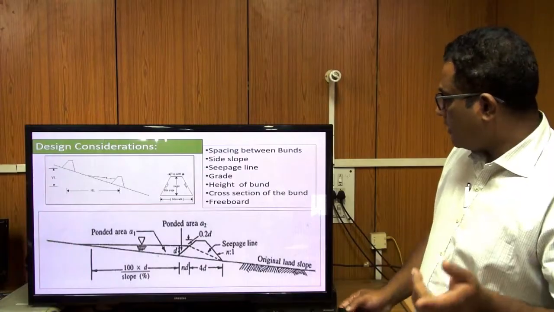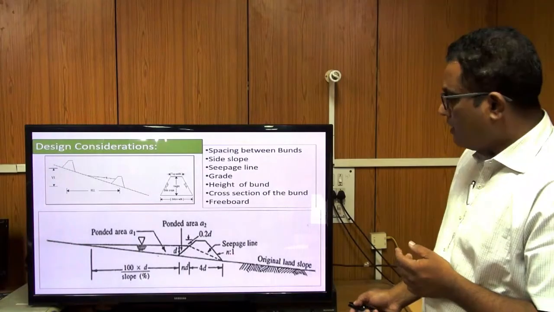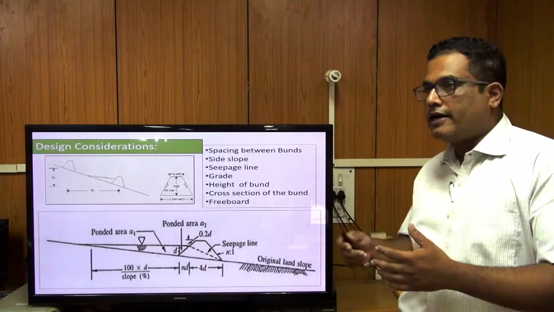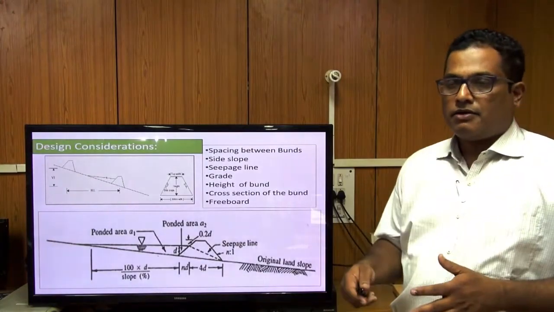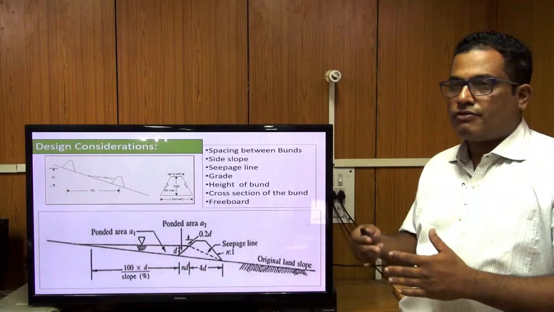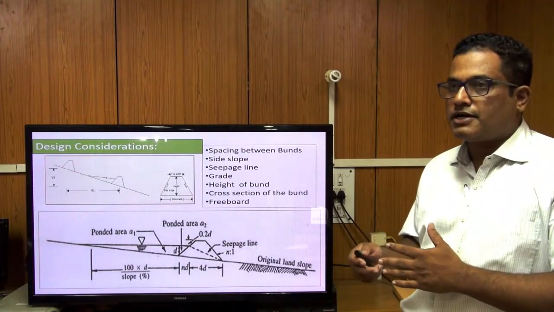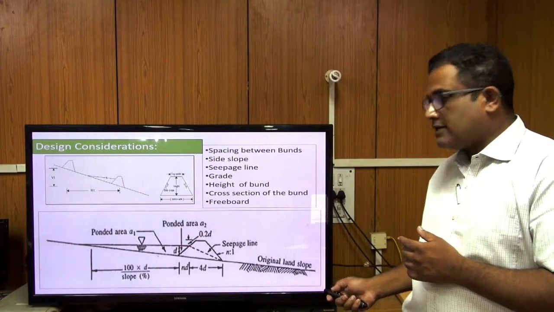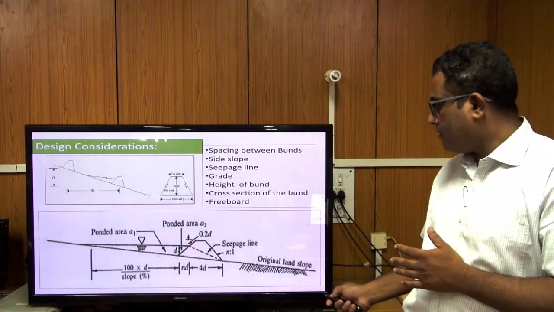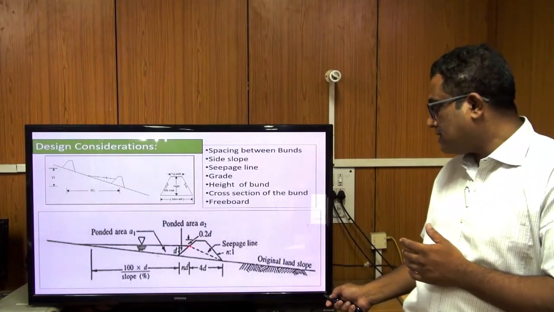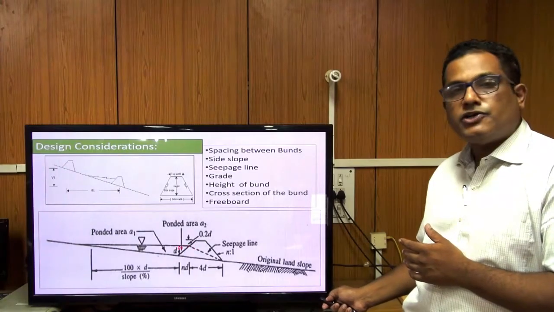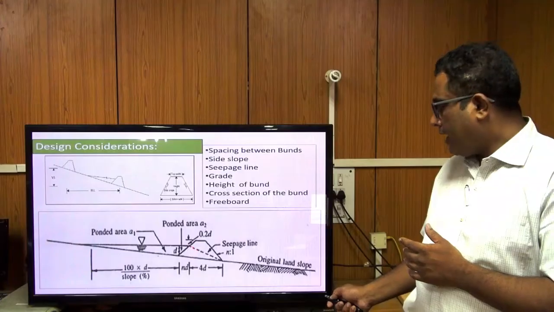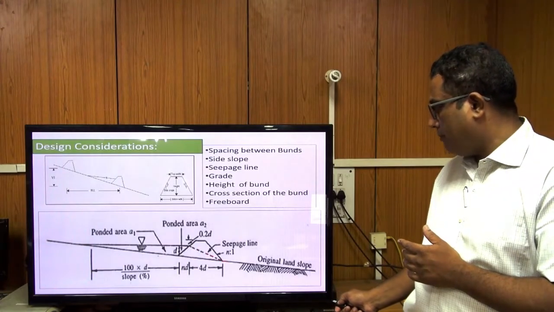And one very important thing is the seepage. Whenever we design a contour bund or any conservation structure, many of you might have studied in soil mechanics the seepage in an earthen bund or earthen dam. If there is continuous ponding of water, water will seep into the embankment and move along the embankment.